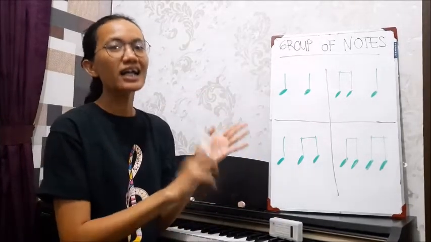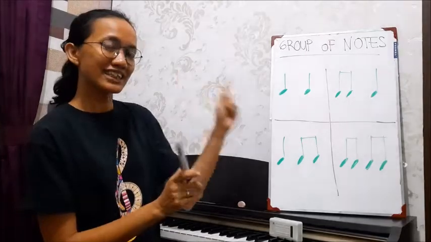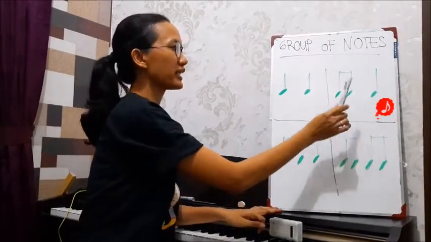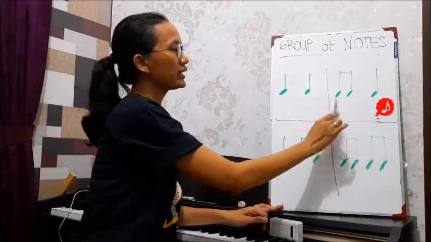Ta ta ta, ta ta ta. Now please choose one of those four groups of notes. First, second, third, fourth? Good. It will rhyme with the second group of notes.